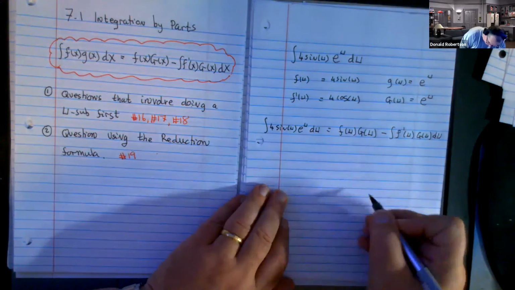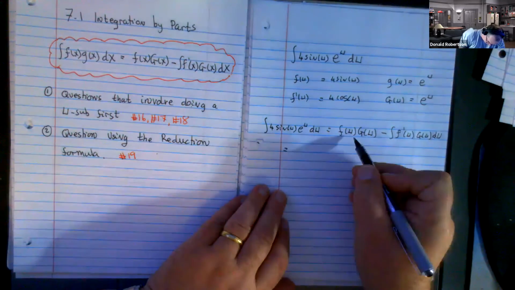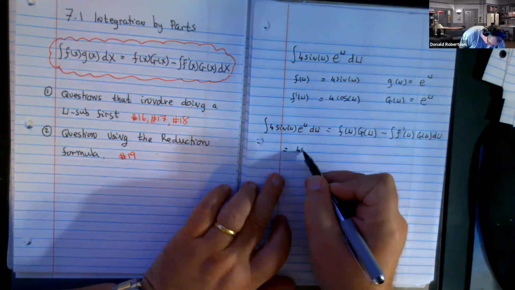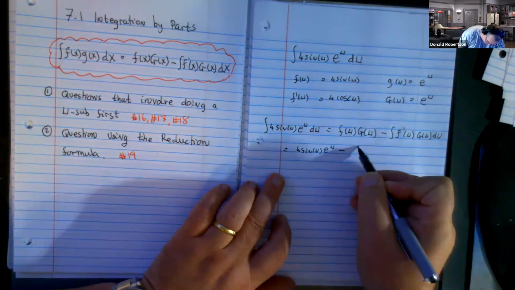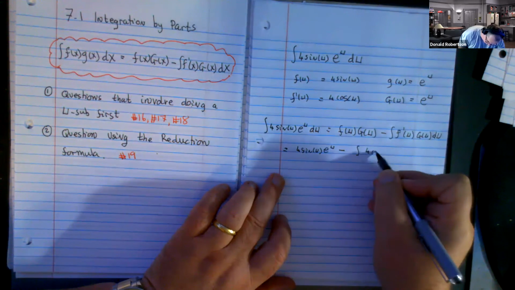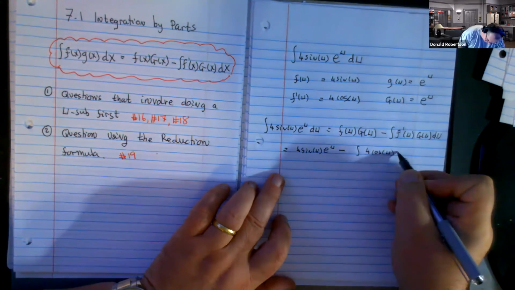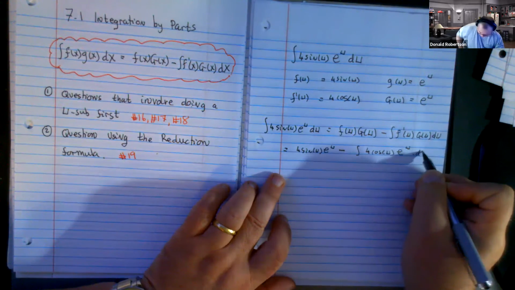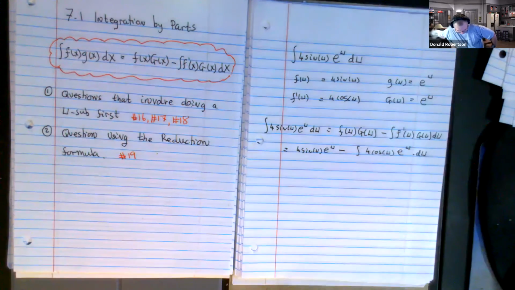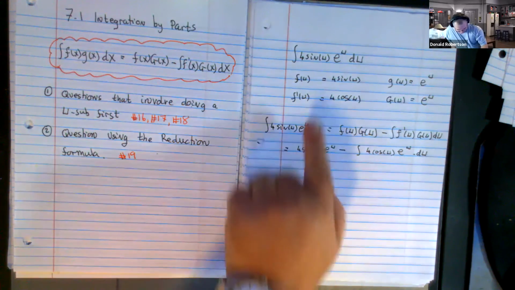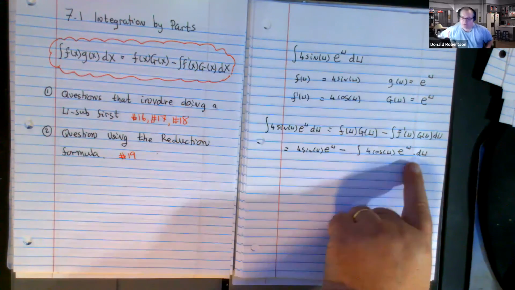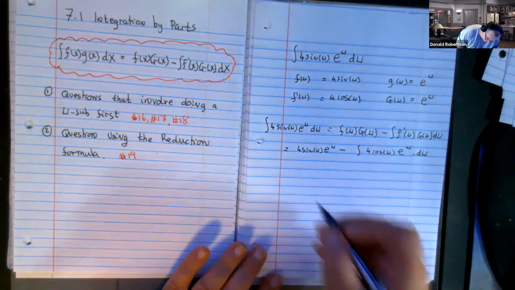I like this question. All right, so you got 4 sine u e to the u, take away 4 cosine u e to the u du. Would you agree that this answer isn't much better than the original? In fact, it's a little bit uglier. But you keep going.